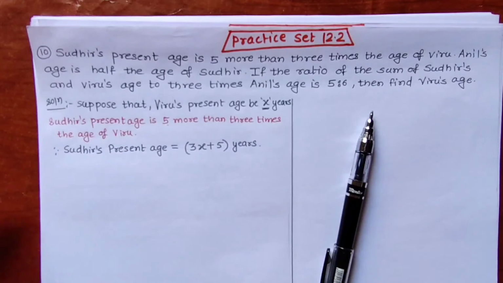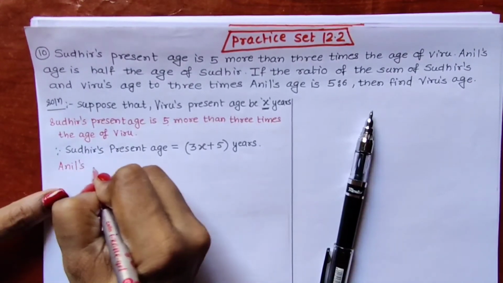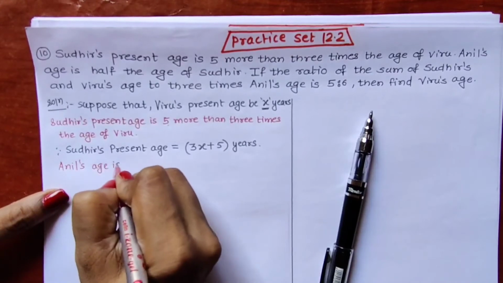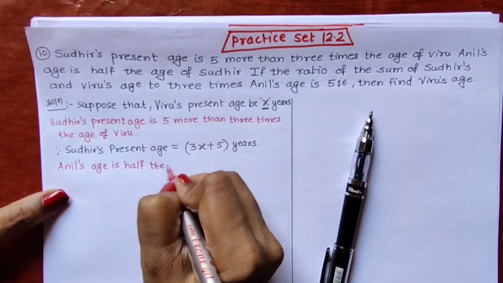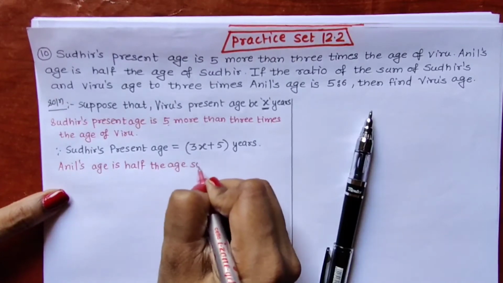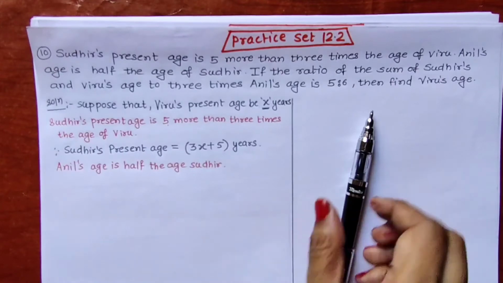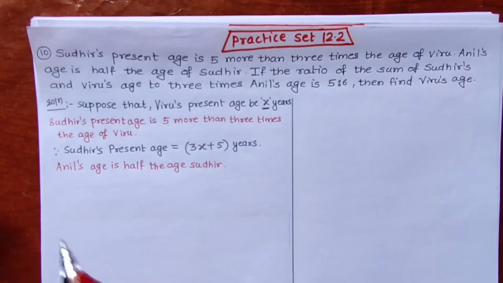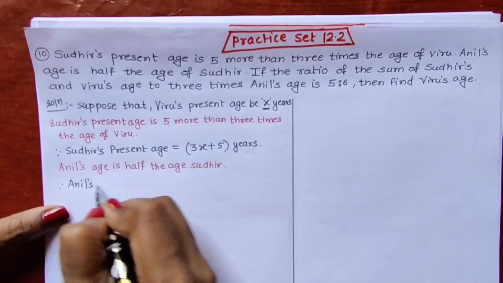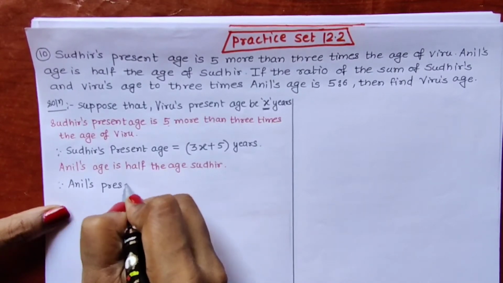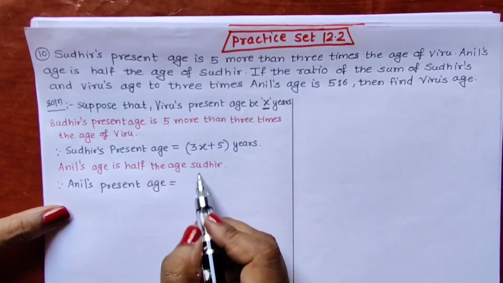Now next, Anil's age is half the age of Sudhir. That I am going to write here again. Anil's age is half the age of Sudhir. Half means we all know, multiply by 1 upon 2. Therefore Anil's present age is half the age of Sudhir.